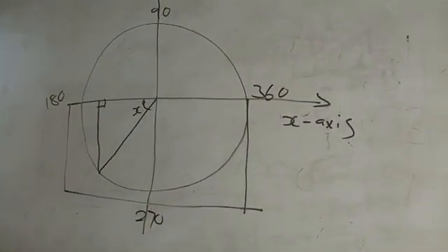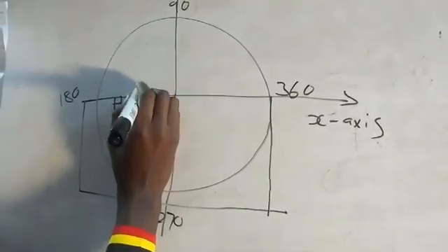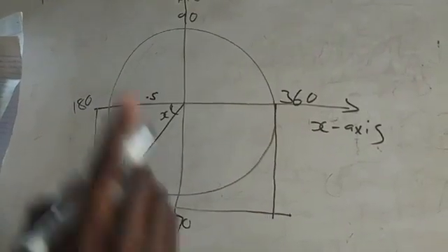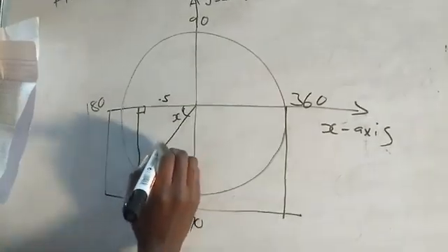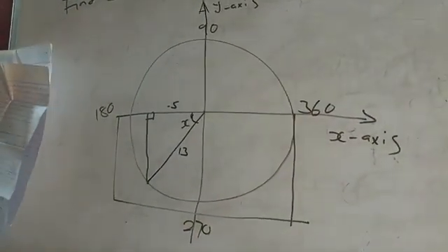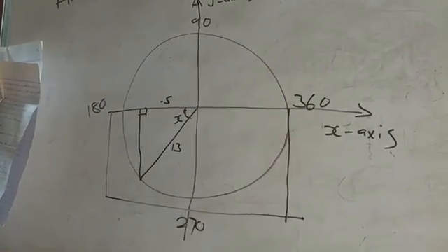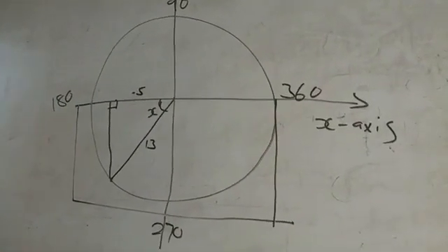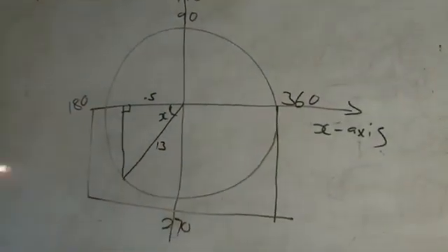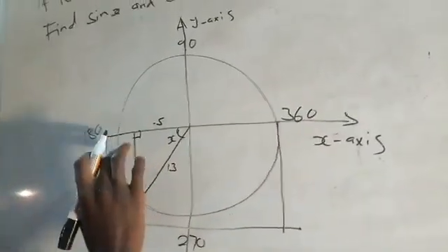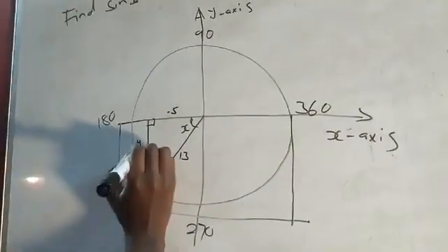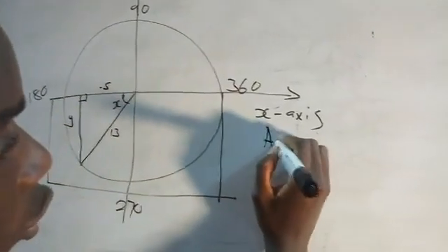So cos is adjacent, which is -5, over hypotenuse, which is 13, and they have told us to find sine X and tan X. So we need to find the opposite. Let's name it y, applying also Pythagoras.